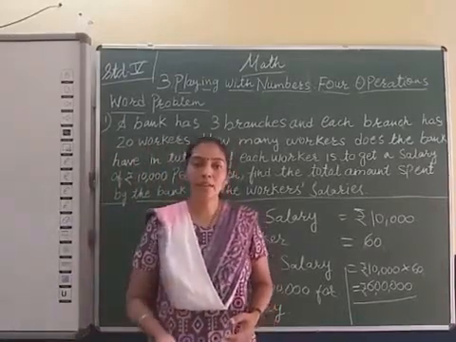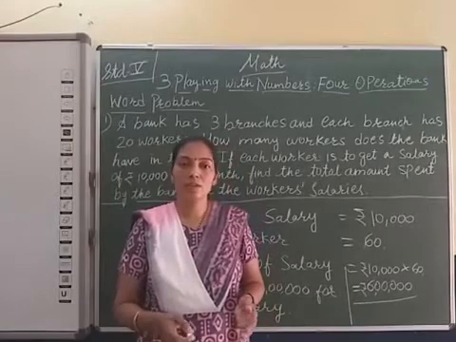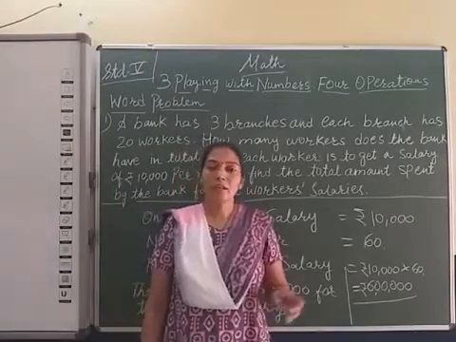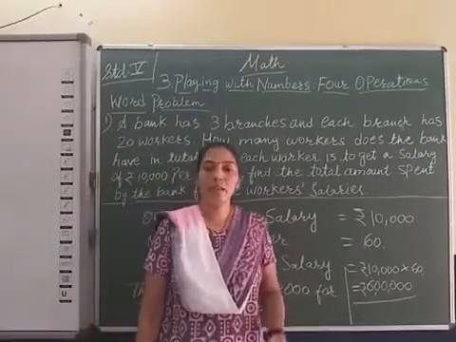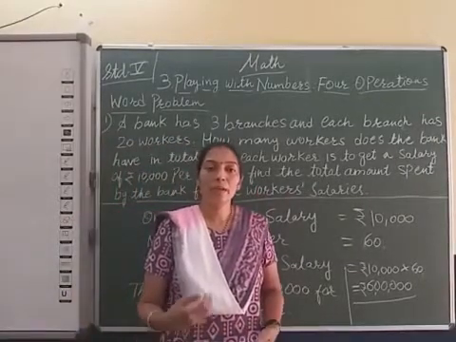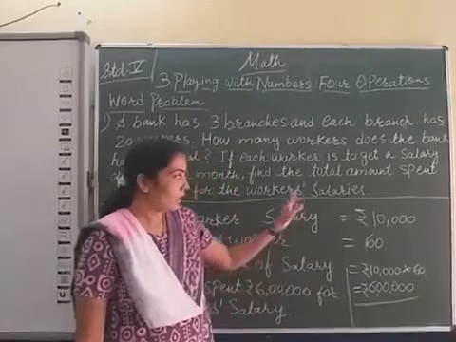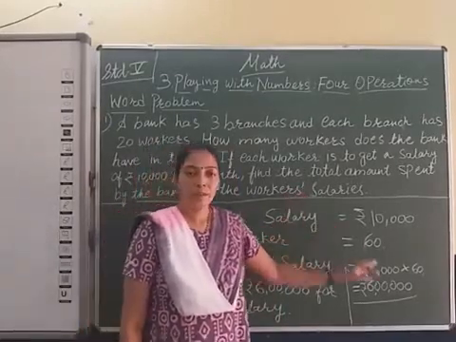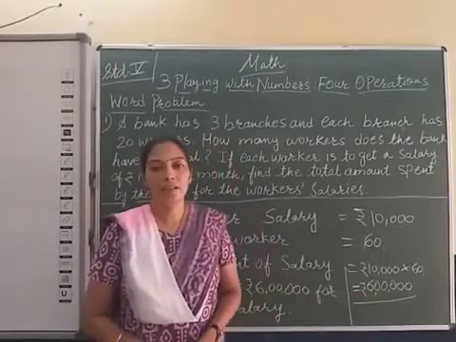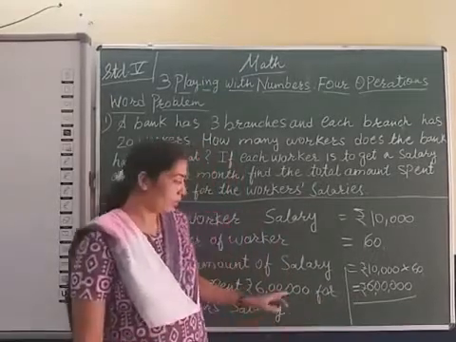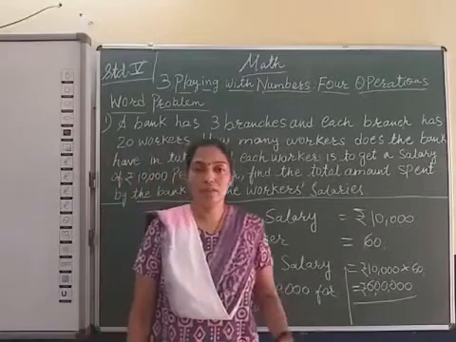When we find that, it is easier, since one worker's salary is given, we can multiply by 60 workers to get the total rupees the bank spent for the 1 month salary of all workers.